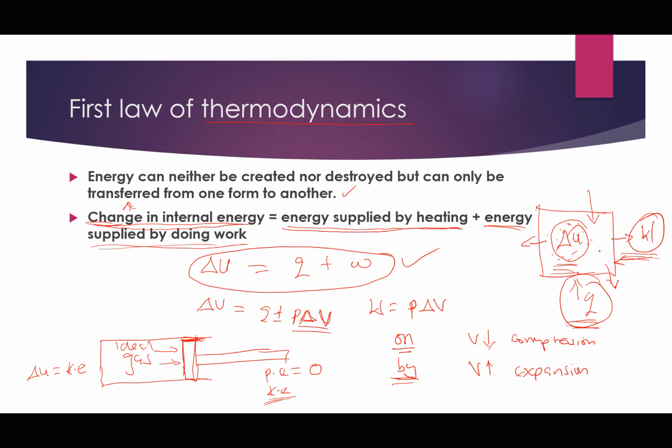Now here, I expect that the internal energy of the ideal gas is going to increase if I add heat to the gas, because the molecules would gain more kinetic energy. Or if I push the piston inwards, I would be doing work on the ideal gas. I also expect that the internal energy will increase because the kinetic energy of the molecules will also be increasing.